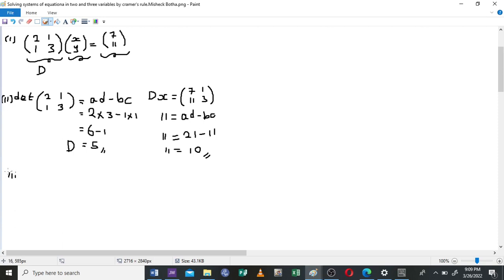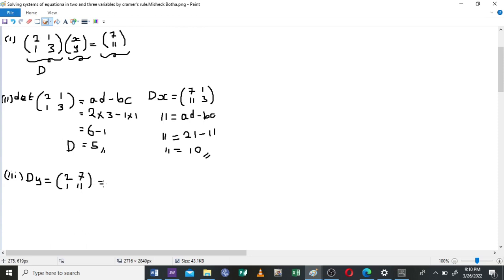The other thing we want to do next is to calculate the determinant of matrix Dy. Just like matrix Dx, matrix Dy is formed by substituting the second column, which is the coefficients of the y variables, by the matrix of constants. So that means we have 2, 1, then our second column is substituted by the matrix of constants.